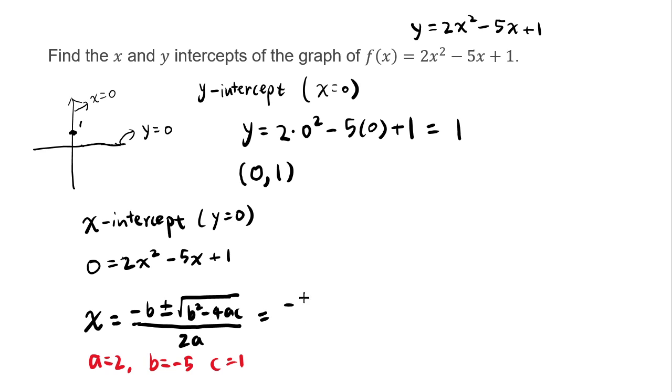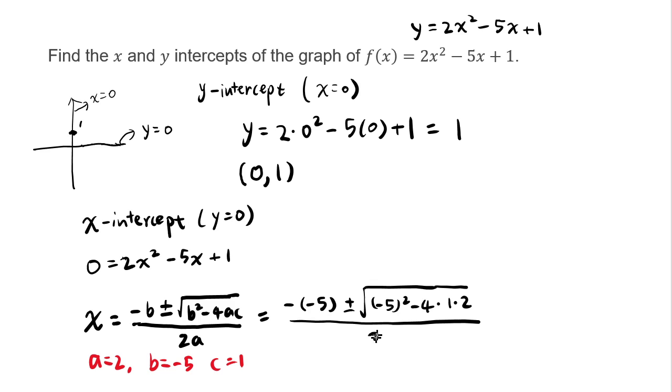And that's the negative of -5, plus or minus the square root of -5 squared minus 4 times 1 times 2, over 2 times 2.